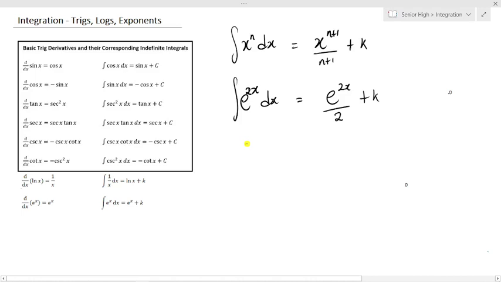But if you are differentiating, let's put it 2x, it will be exponential 2x, and then you put your 2 behind it. Remember, in differentiation it multiplies, in integration it divides. So this is just what I wanted to point out before I begin to solve questions.